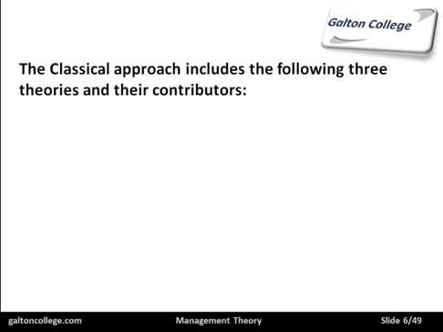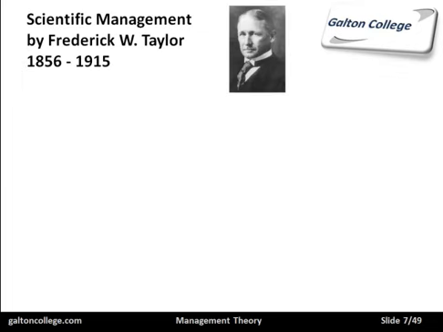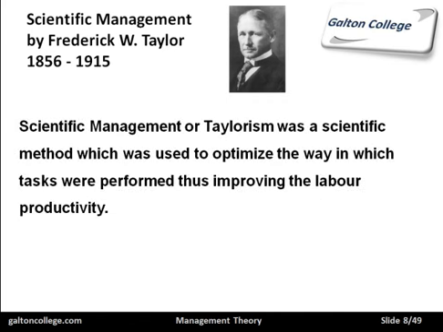So the first one to look at is Scientific Management by Frederick Taylor. Now, to give you a quick version of this, scientific management, or Taylorism as it's sometimes called, was a scientific method which was used to optimize the way in which tasks were performed, thus improving the labour productivity.